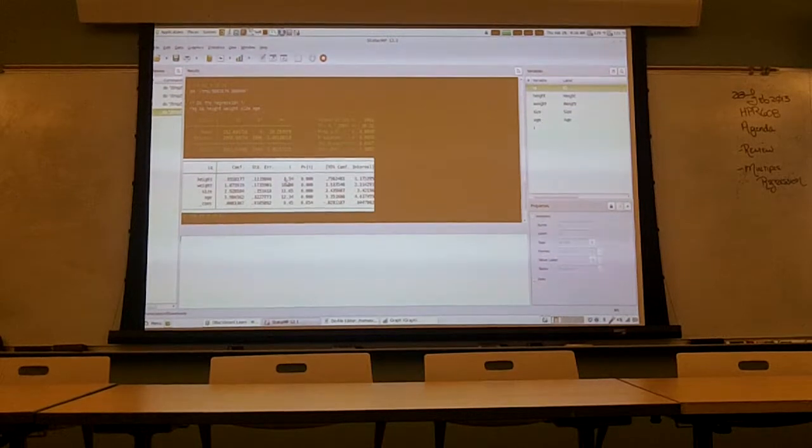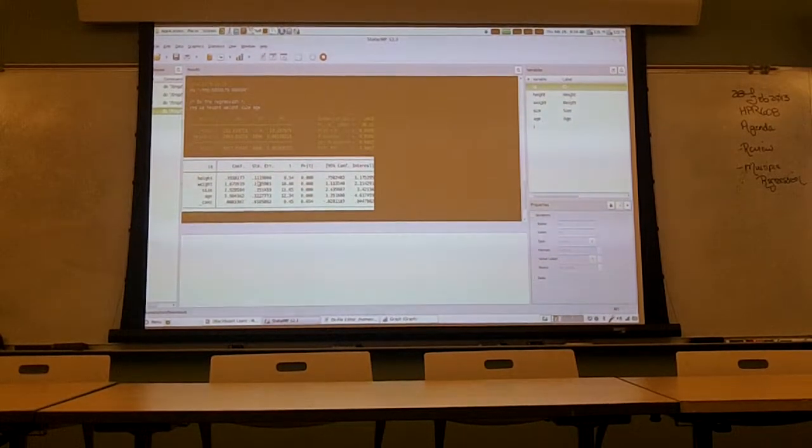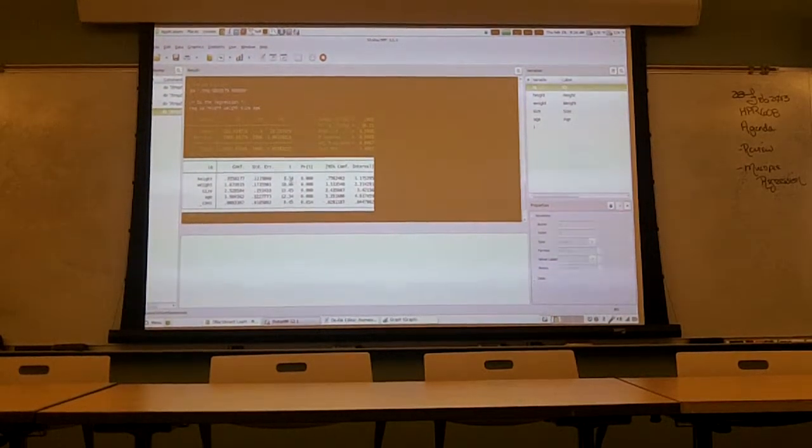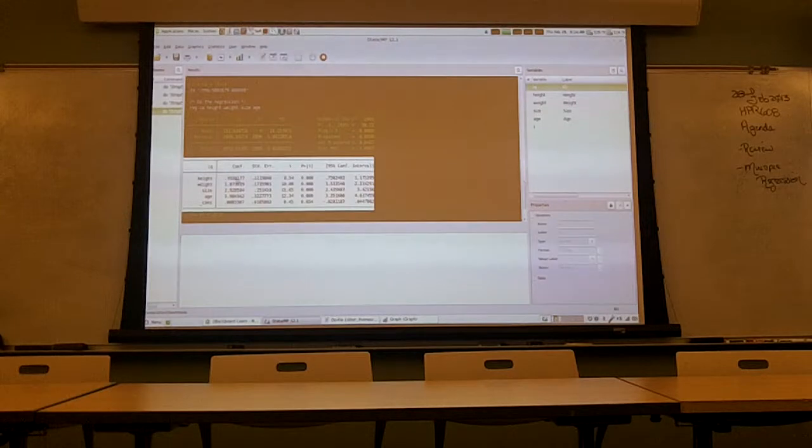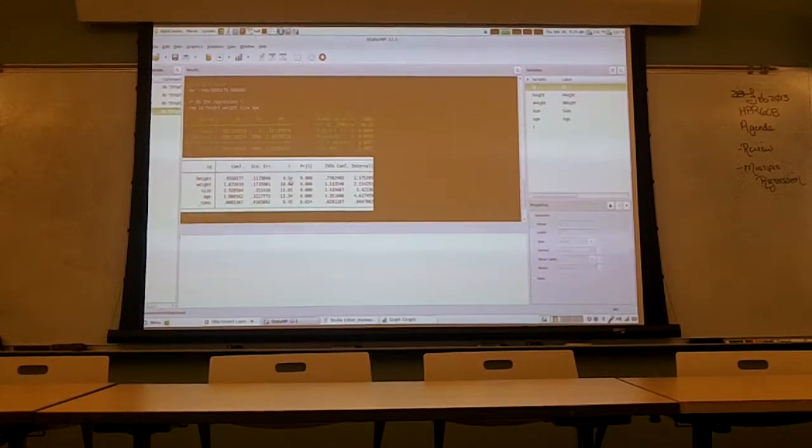I get that t-statistic by dividing the coefficient by the standard error, just like you did when you did an independent or dependent samples t-test. If we were to write this out, it would look sort of like a z-statistic, except it's a t-statistic. But I haven't told you what we're testing yet, so we'll talk about what that is. This p-value is associated with this t-statistic.